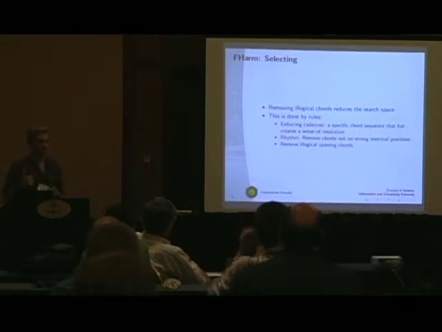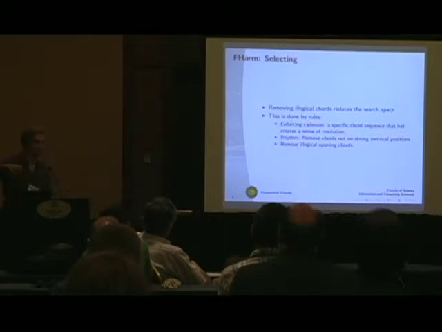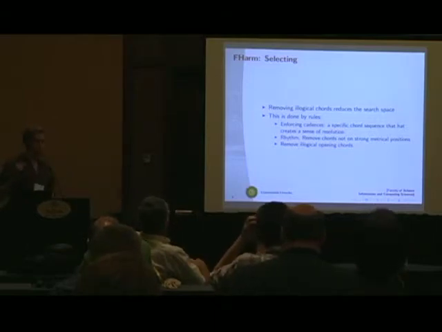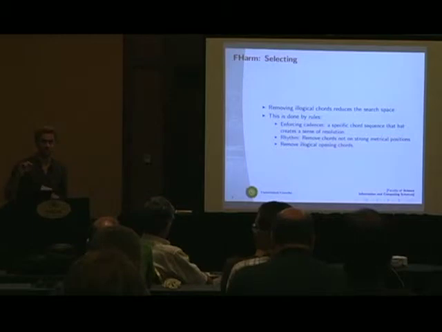We enforce cadences, which are specific sequences at the end of chord sequences that give you a sense of resolution of the chord sequence. So they give you the feeling that the piece is done, which just gives you a nice ending. Then there's a rhythmical rule, and that says that we're going to remove chords that do not appear on strong metrical positions.